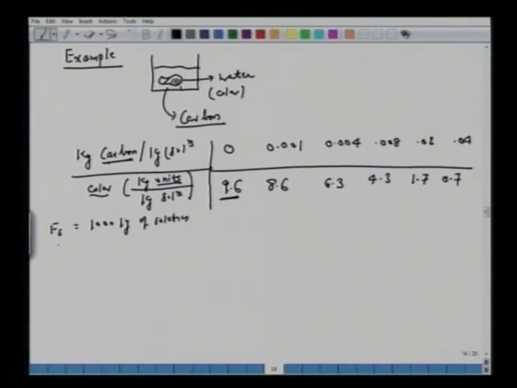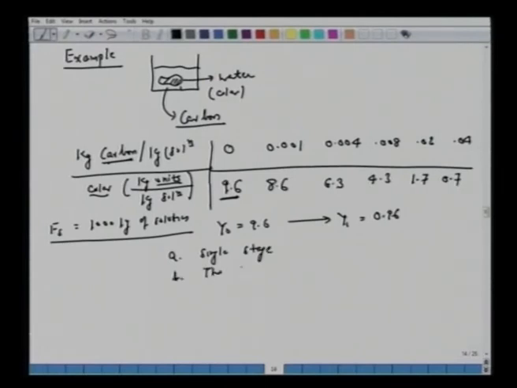So the question is, starting with 9.6, so y0 is, let's say, 9.6, we want to reduce to y1 equal to 0.96, and we have a single stage and we have two stages. Here stages are given, and we have been asked to find out how much solvent is required.